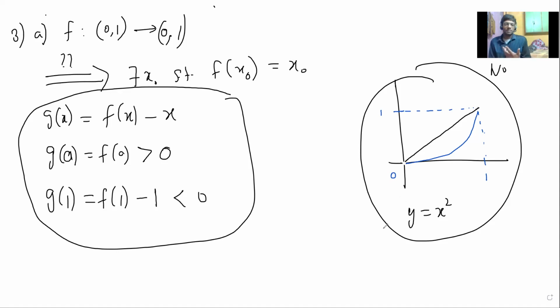So where is the mistake in this? Oh yeah, it is f of, okay, right. I think that's what Purbi asked, right? How is g of 0 or something like that? Oh yeah, yeah.